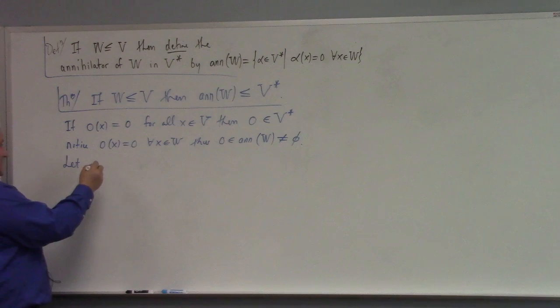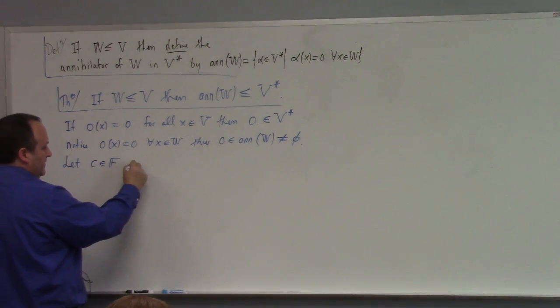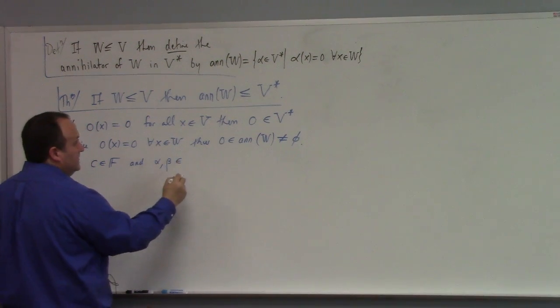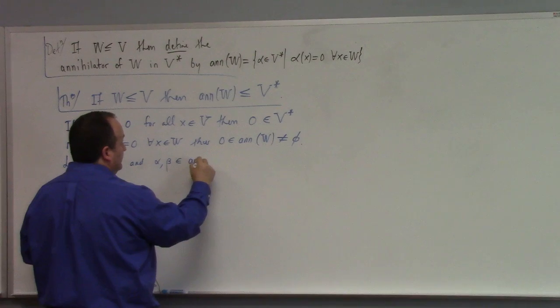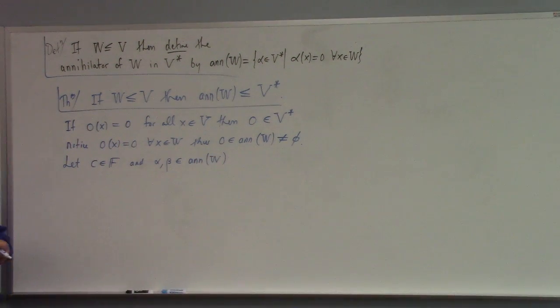How about c is a number, and I usually use alpha and beta for dual vectors. So let alpha and beta be in the annihilator of W. I'd like to show that the annihilator of W is closed under linear combinations, right? Because then the subspace test will say it's a subspace of the dual space.